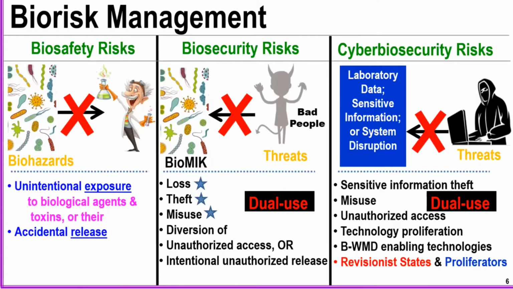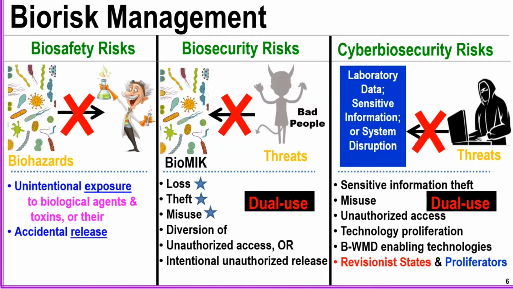As I mentioned earlier, laboratory biorisk management covers both biosafety and biosecurity. Biosafety risk control measures ensure that laboratories are protected from unintentional exposure to biological agents, toxins, or their accidental release.